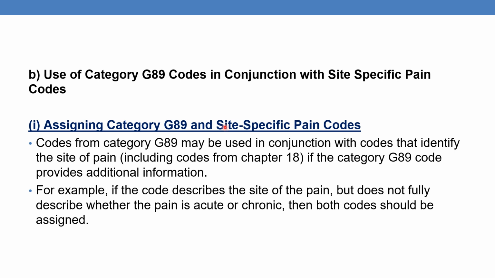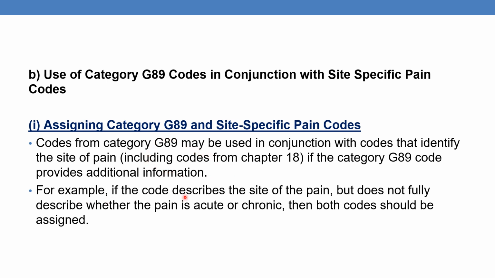Now let us discuss the use of category G89 codes in conjunction with site-specific pain codes. Codes from category G89 may be used in conjunction with other codes that identify the site of pain. The previous example can also be considered, because the site there was low back pain and additionally we are using a code from the category G89.